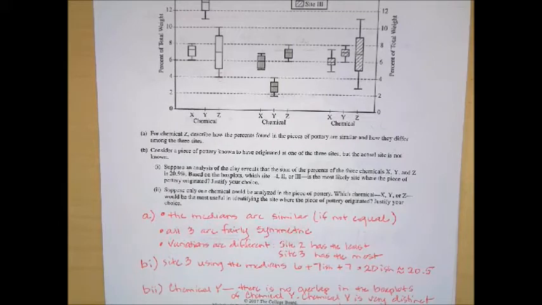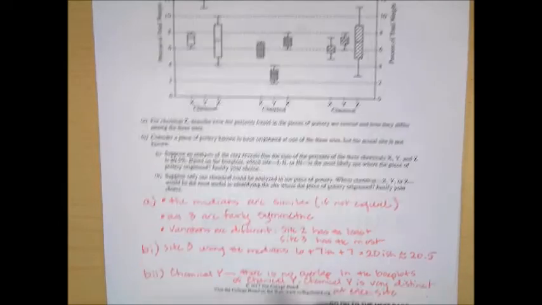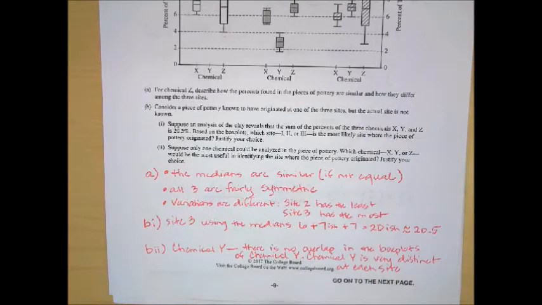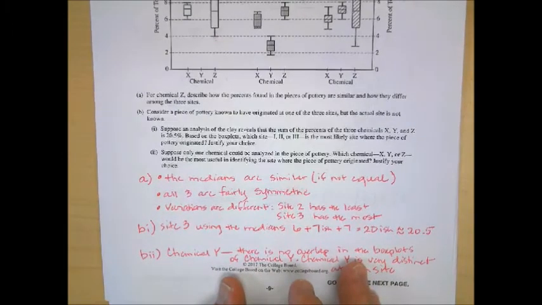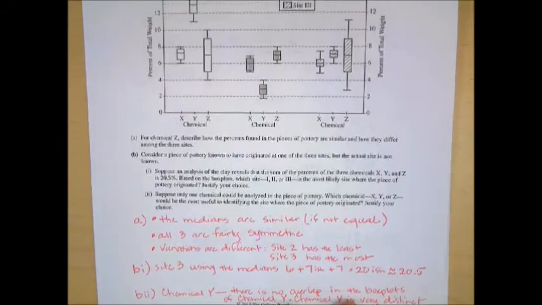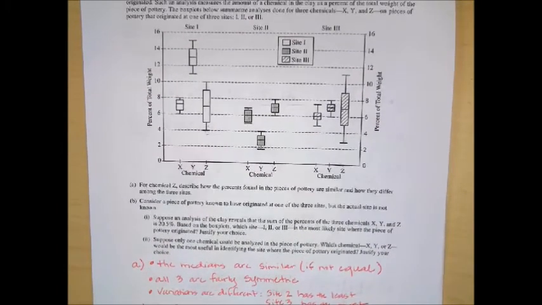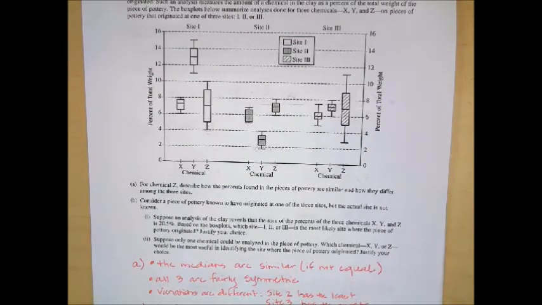All right, and then the last problem was, among the 3 sites, if you found a sample of a chemical, which chemical would you be most confident that you could identify the site from which that chemical came from?